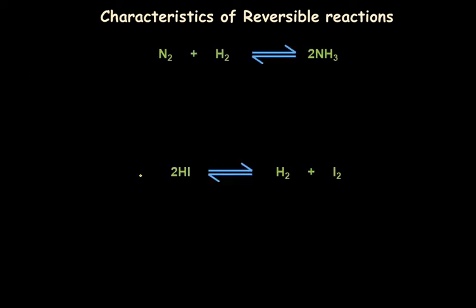For example, if I take another example of hydrogen iodide decomposing to its elements, that is hydrogen and iodine. In this reaction, if I heat hydrogen iodide, it will change to hydrogen and iodine molecules. But if I start another reaction where I take hydrogen and iodine in a container and allow them to react, then it is still going to form hydrogen iodide molecules, and again in this reaction also the equilibrium will be reached.